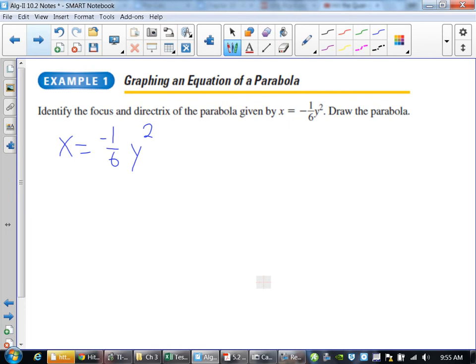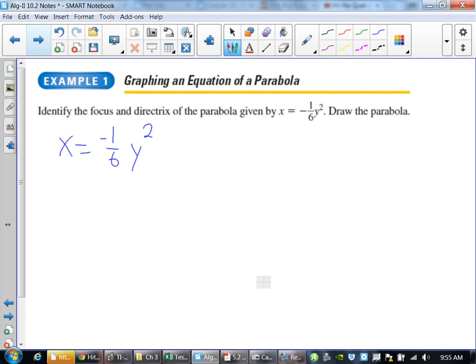Which one will it be? Is it an x squared or a y squared? It's a y squared, so it means it's going to go left or right. If there's a y squared term, it's either going to open to the right or to the left. Okay? That's all that means. It's going to open to the right.